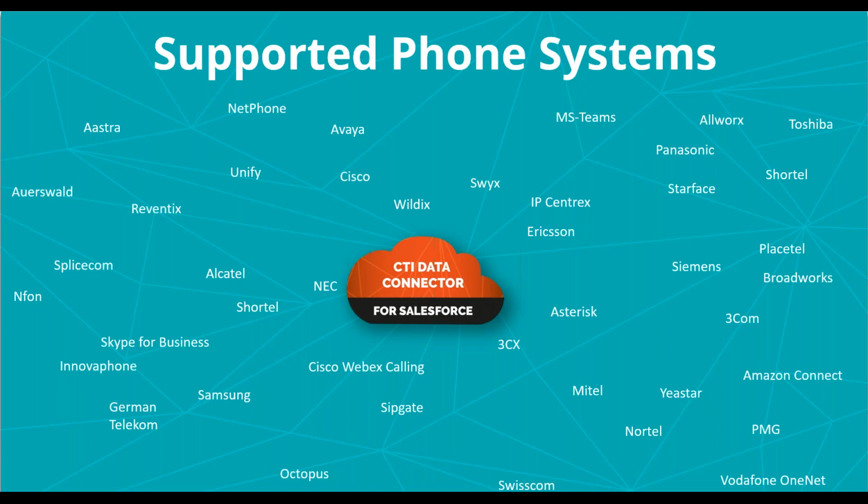So if you plan to switch to another telephone system, then just contact us. We can also consult you on the differences between telephone systems and which features you get when you select a specific telephone system.